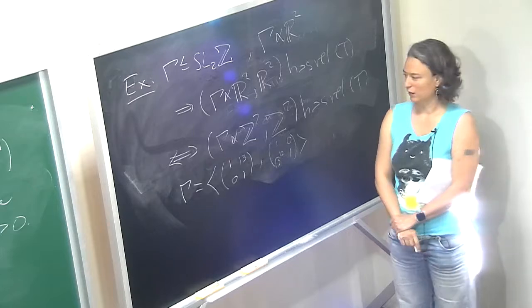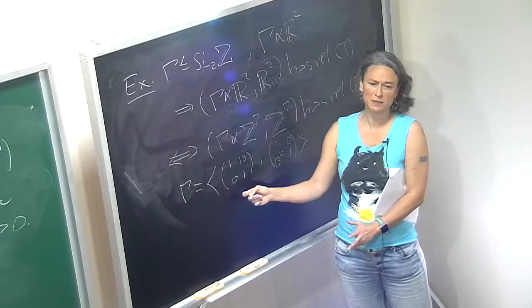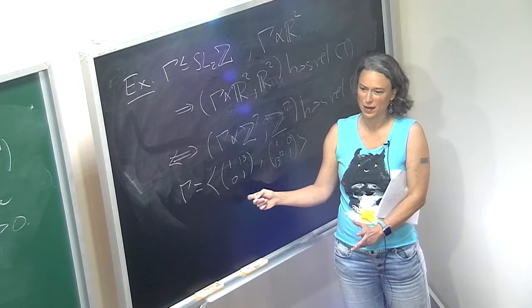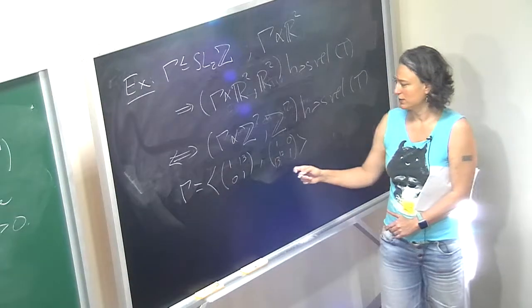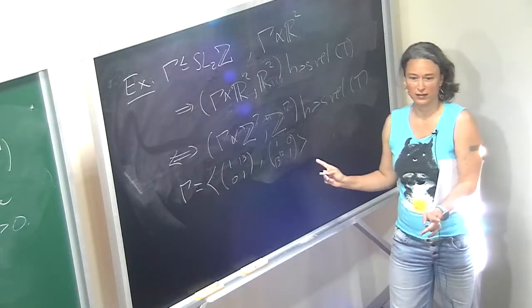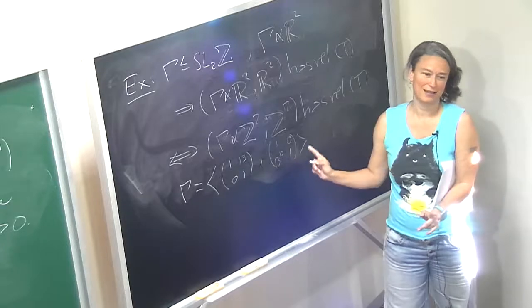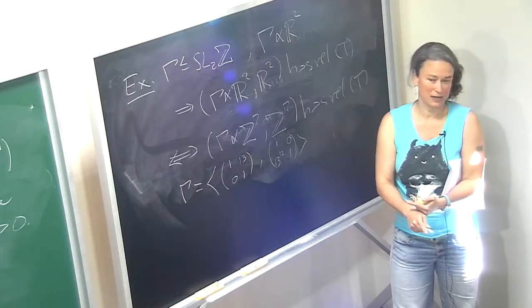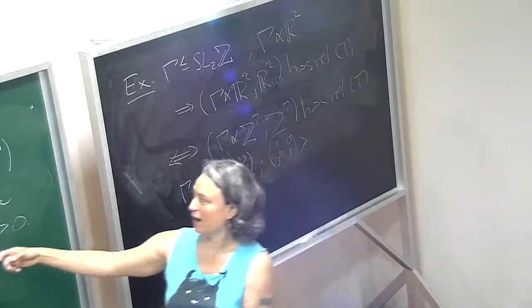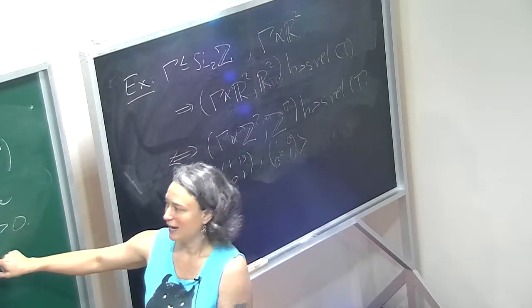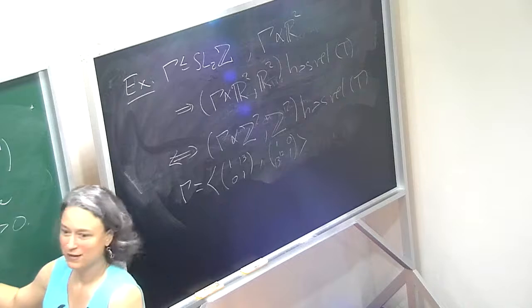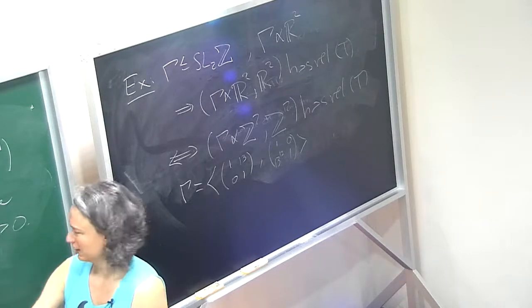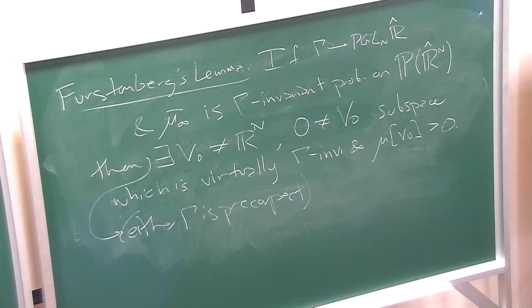Okay? So the fact that this is unipotent means that it's not precompact. And the fact that these have different eigenspaces and the dimension is 2 means that they don't have a fixed point in the projective space, which would be the only option. If n is 2 and I am not everything and I'm not 0, then I'm 1 point. And so this also has relative property T.